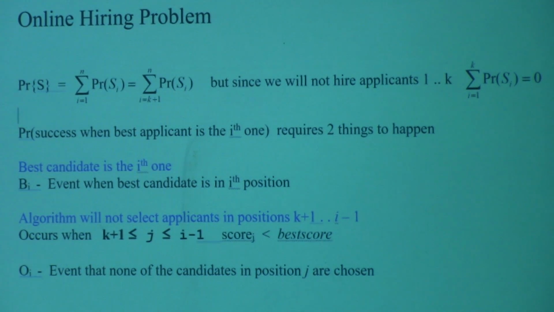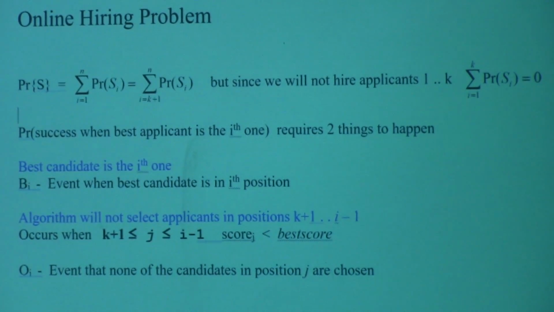And so we write that as an event B sub i. B sub i is the event when the best candidate is in the ith position. The second thing that's very important in order to hire the best ith candidate is that the algorithm will not select any applicants in positions k plus 1 through i minus 1.